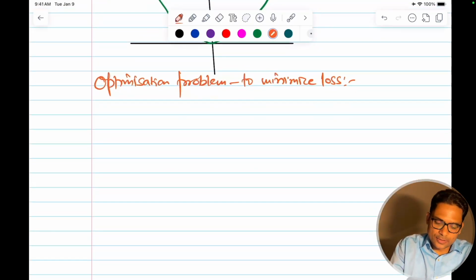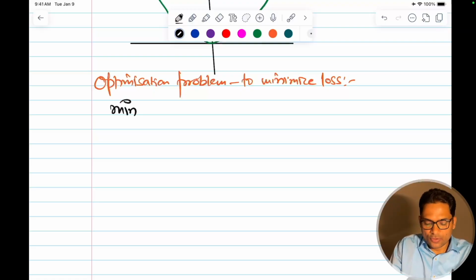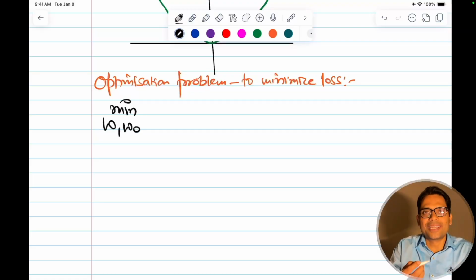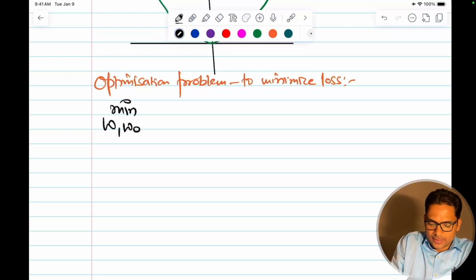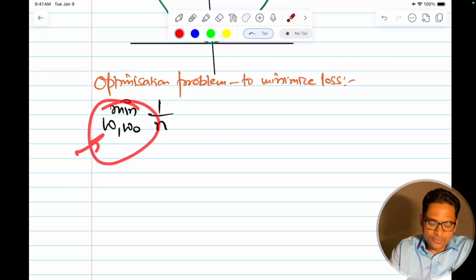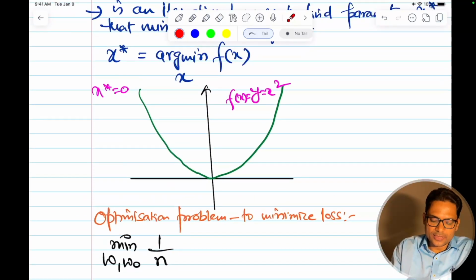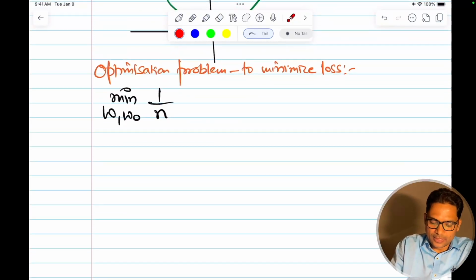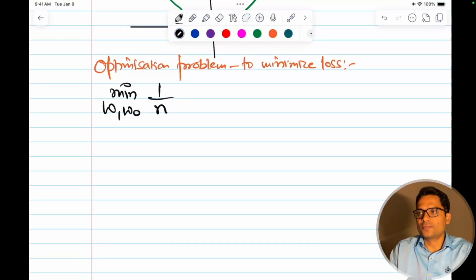If it is a model now, we minimize, finding such weights w comma w naught. W naught is the bias. These terms will get clear, but I'm just introducing you to them. The weights are the coefficients in each dimension, and this is the bias for the model.